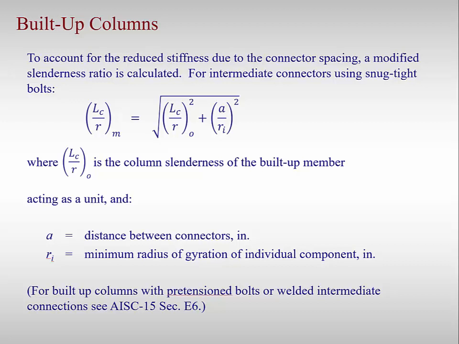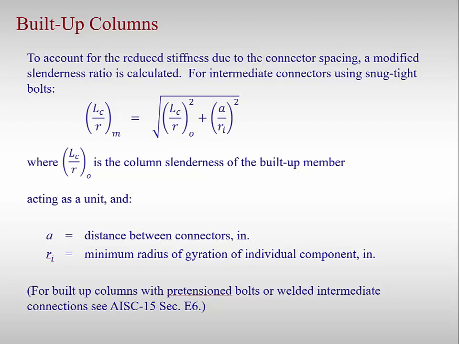The more intermediate connectors used to connect the two shapes together, the lower the increase in the slenderness ratio and the higher the buckling capacity. Note that the term little a is the spacing between connectors, and r sub i is the minimum radius of gyration of a single shape, which is r sub z for an angle.